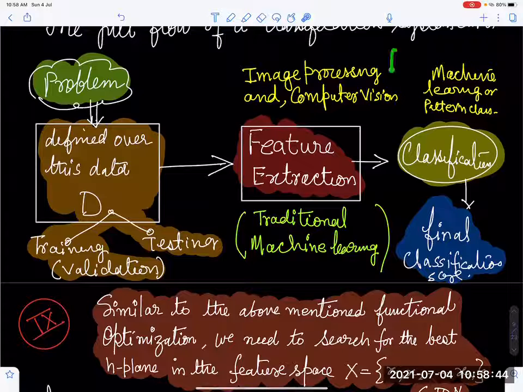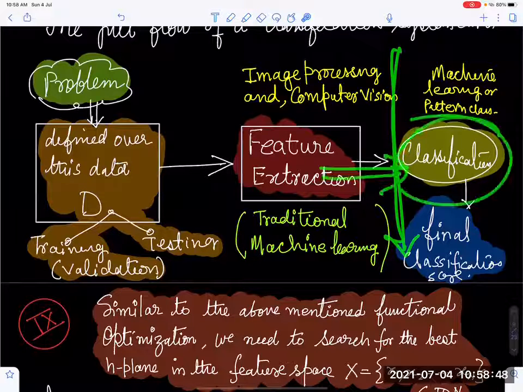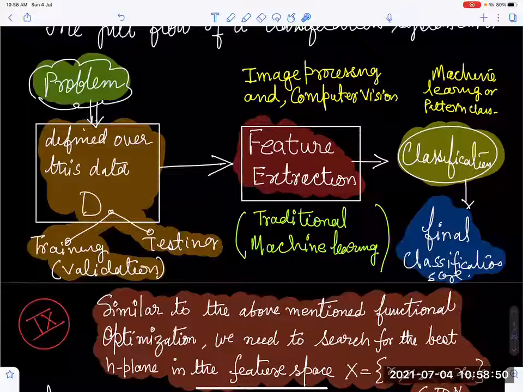Because classification used to say that give me the best features, and I am going to give you the best possible classification. And then they come up with a huge number of different machine learning algorithms, like Bayesian classification, Gaussian mixture model, hidden Markov model, support vector machines, and neural networks, which are also a type of machine learning algorithm.